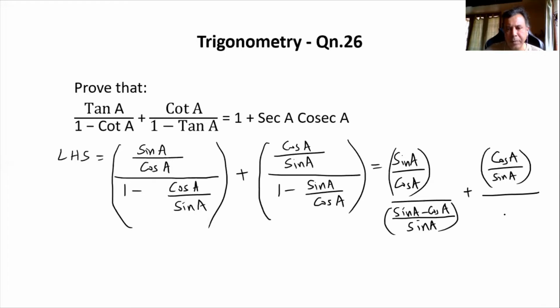Denominator again, the LCM will be now cos A. Numerator will become cos A minus sine A.